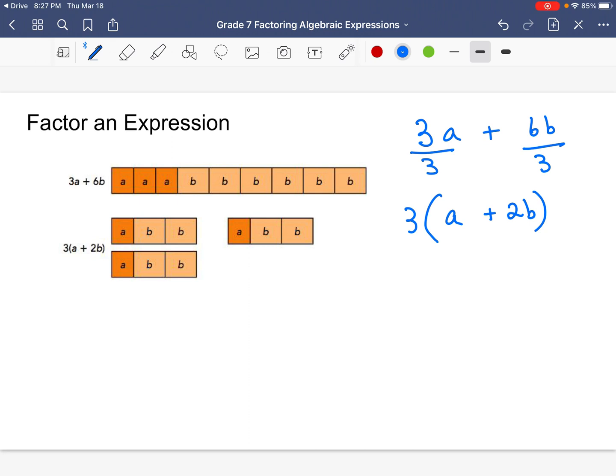And if we look at the diagram representing this factoring, we see that the 3a and 6b have been factored into 3 groups of a plus 2b, just like we calculated using greatest common factor.